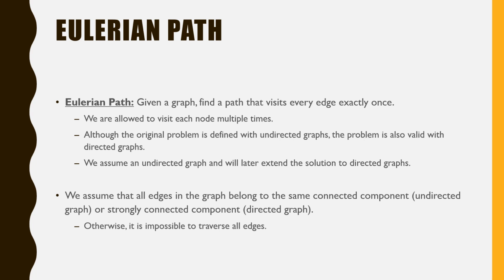In this video, we will start by examining the solution for undirected graphs, and later extend our approach to directed graphs. One key assumption we make is that the graph is connected, where all edges are part of a single connected component. Without this, it would be impossible to construct a path that visits every edge.